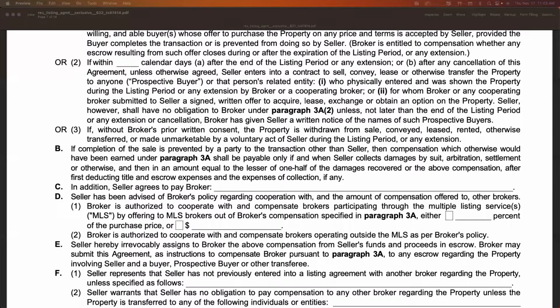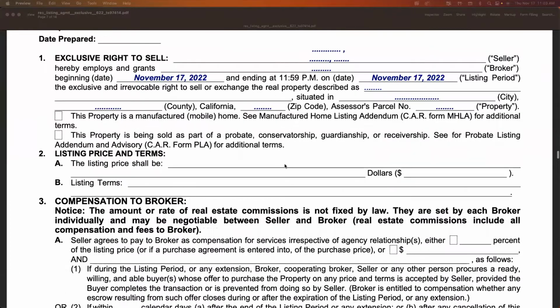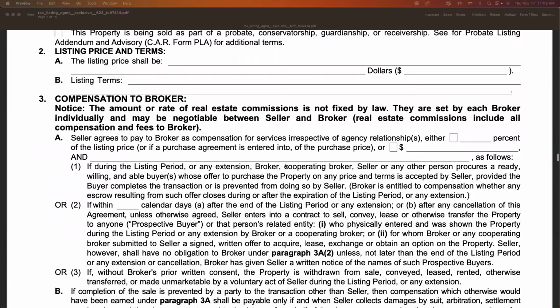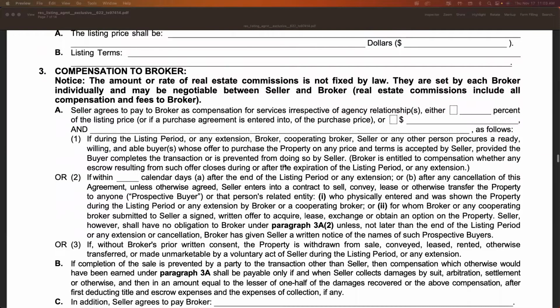So right now, you guys should be looking at the listing agreement. And last week we went through the ways that you could be compensated as an agent, right? There's 4 ways that you can be compensated based on this listing agreement.